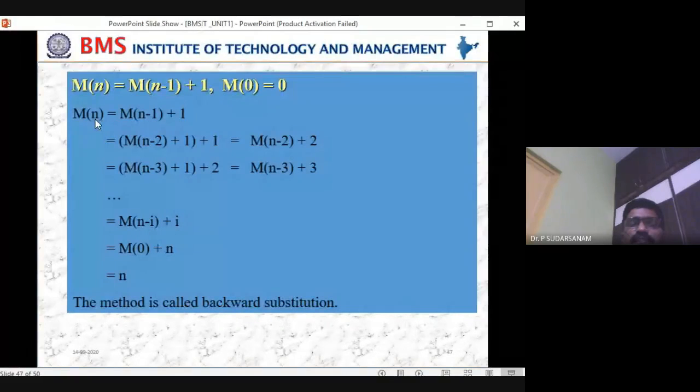See, you have to replace n with n minus 1 in m, so you substitute it in the first equation itself. You are substituting because your n value is n minus 1, and minus 1 is already there. N minus 1 minus 1 is equal to n minus 2. This is the first one. Next.